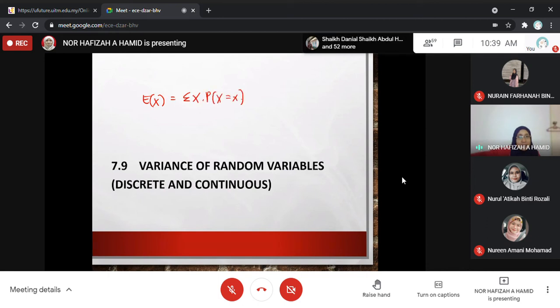For continuous, the formula for mean or expected value is the integration of x times fx dx. So the mean has different formulas for continuous and discrete, but for variance, there is only one formula. The formula for variance applies to both continuous and discrete.